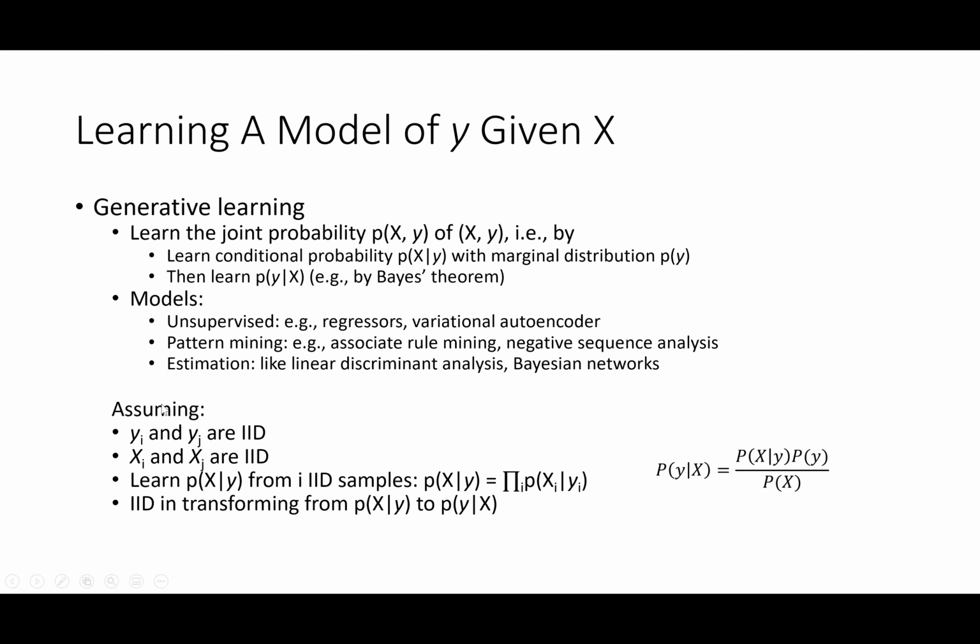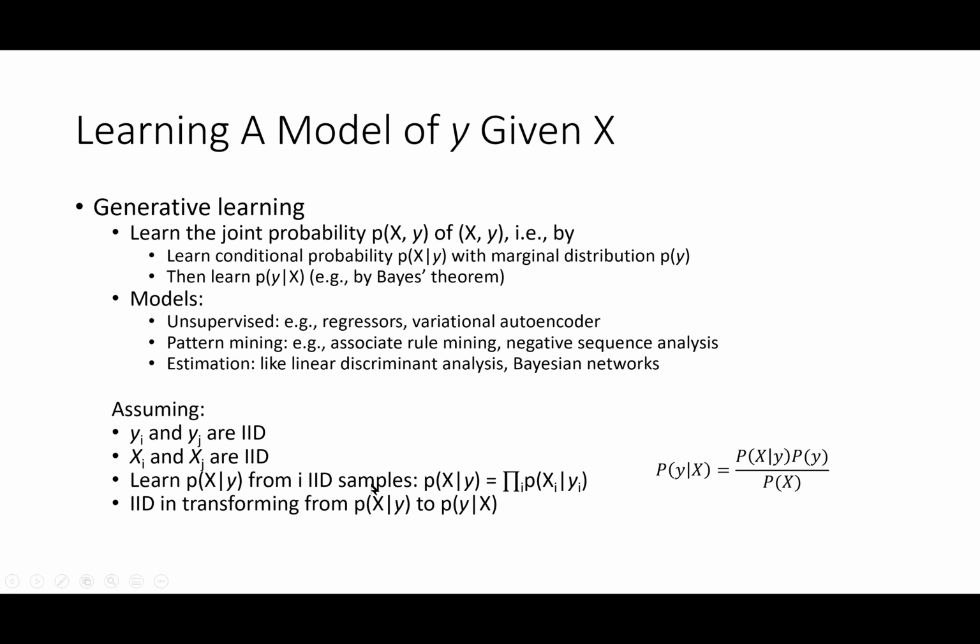So what are the assumptions behind this generative learning idea in the classical domain, right? What we have is that we assume yi and yj are IID, and xi and xj are IID. And we assume that for the I samples, there is an IID sampling process.